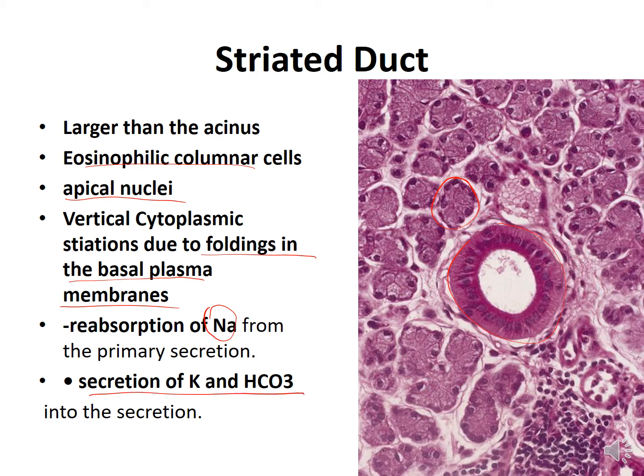So the striated ducts are involved in ion transport, and these basal striations are an important histological feature of this ion transport. This is due to infolding of the basal portions of the cell to increase the surface area for ion transport, and the excessive mitochondria lie in these folds to provide energy.